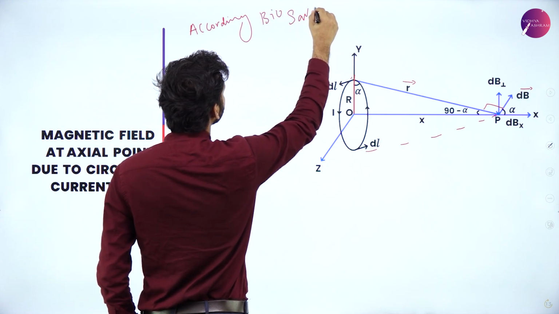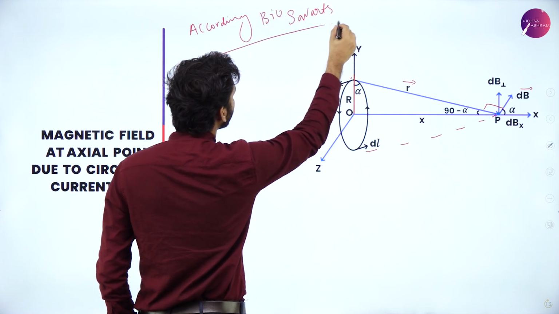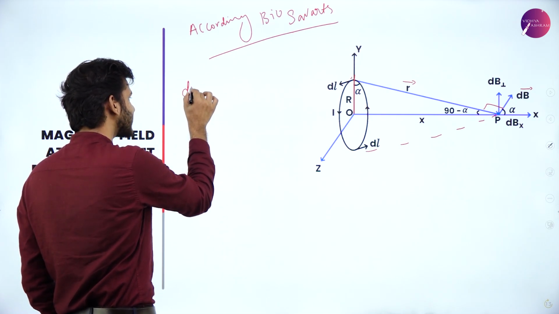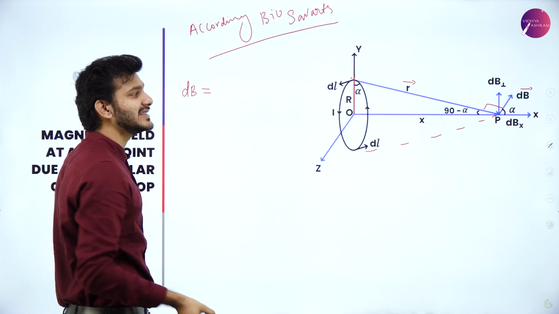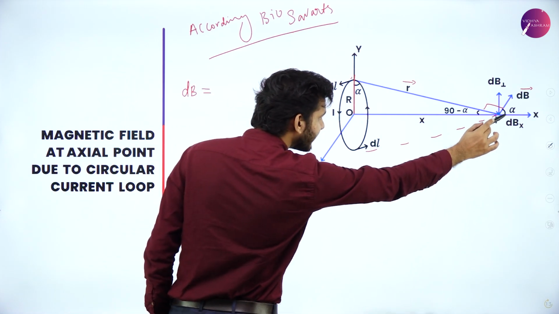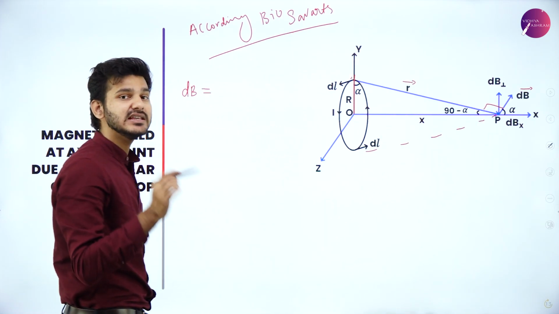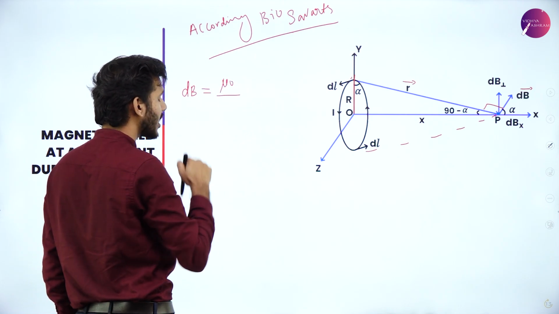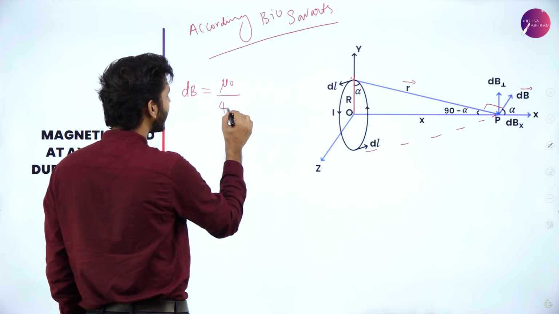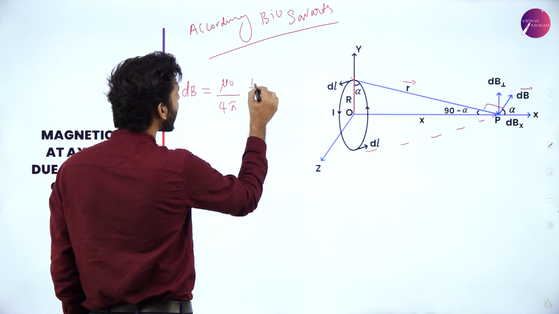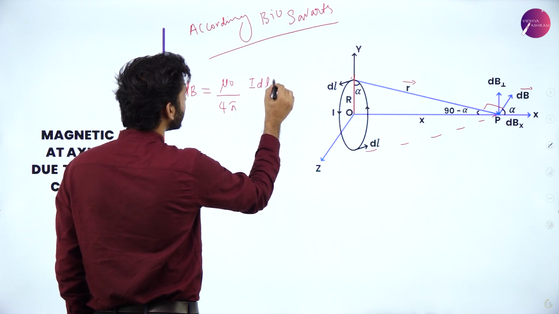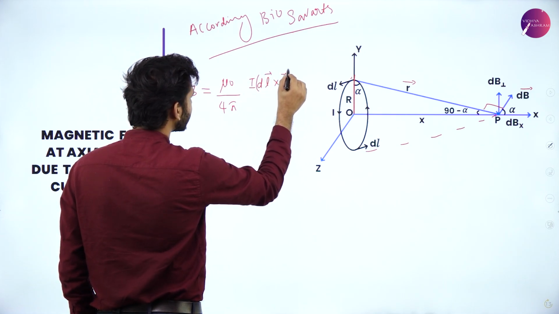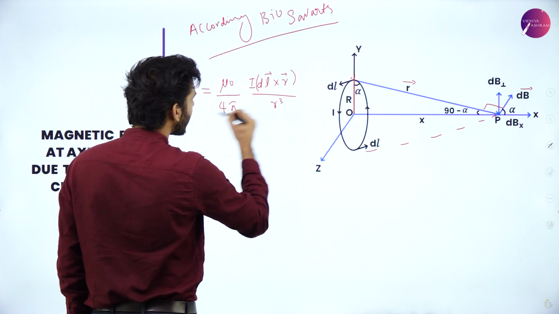So we know according to Biot-Savart's law, the magnetic field dB at point P is equal to mu naught by 4 pi, I dl cross r, these are vector quantities, divided by r cube.